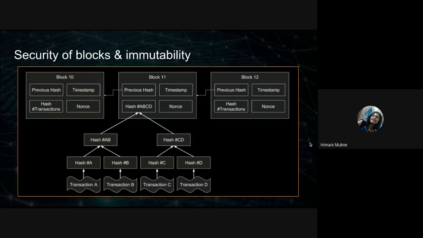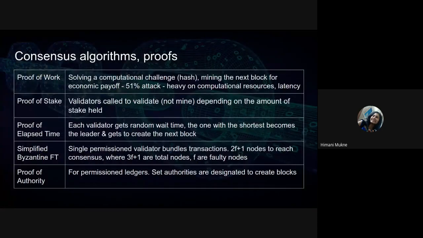Right. So moving on. Here we discuss the consensus algorithms and proofs that are used in various blockchain frameworks. So the very first is proof of work. In layman's terms, it's basically mining.